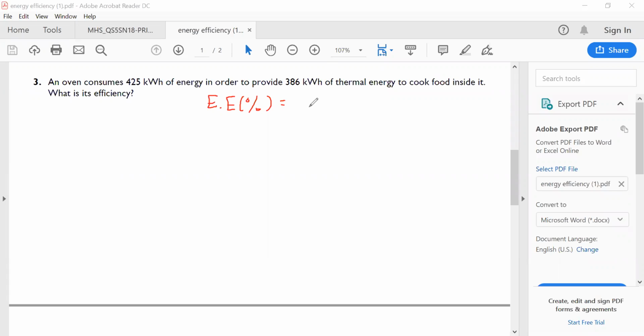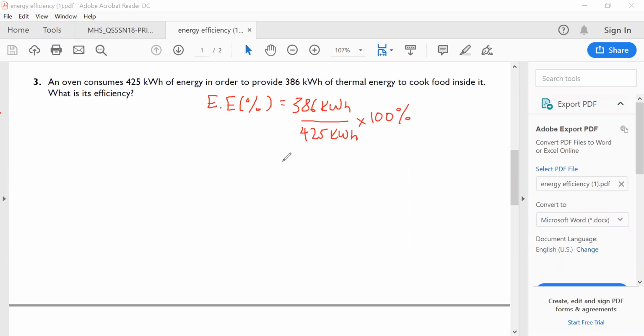So when you're in an oven, for sure, the heat that it provides is the useful amount needed to cook the food. So I have 386 kilowatt hour on top, followed by 425 kilowatt hour on the bottom. And of course, I multiply this by 100, which leads me to 386 divided by 425 times 100.